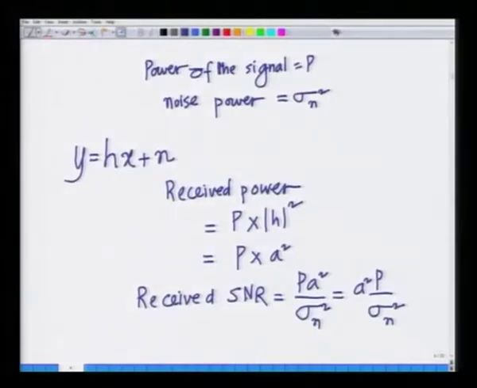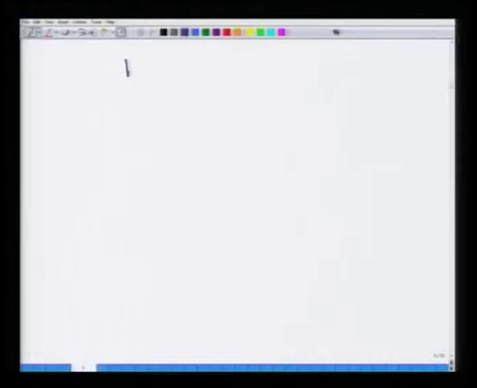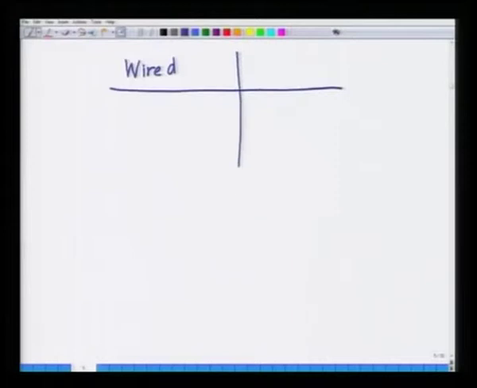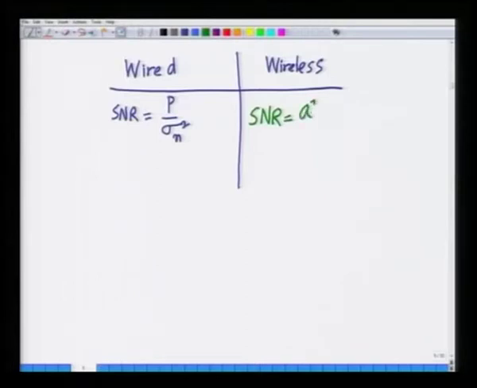Now, this is similar to the AWGN channel, which is similar to the wired communication channel. Remember, let us do a comparison. In a wired channel, we said SNR equals P over sigma n square. In a wireless channel, SNR equals a square times P over sigma n square.